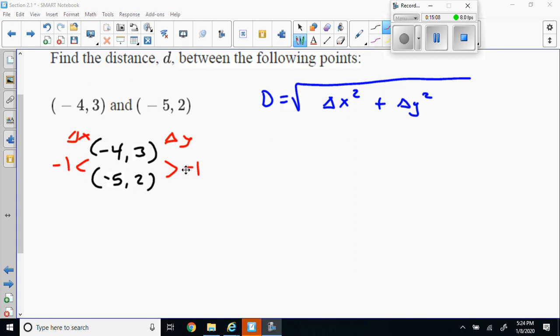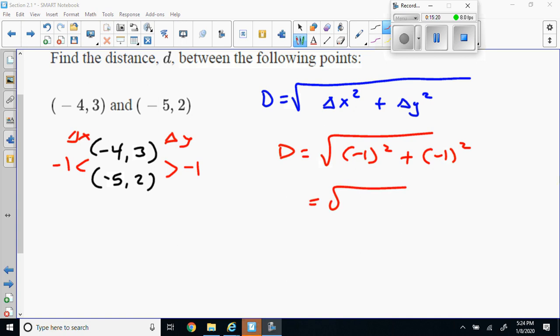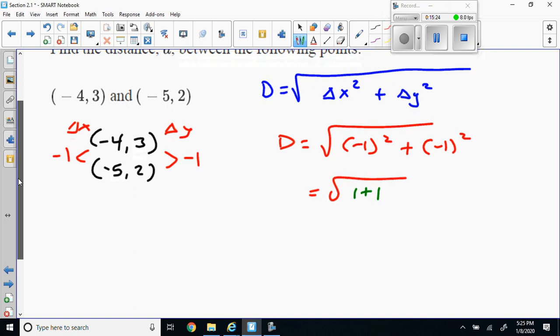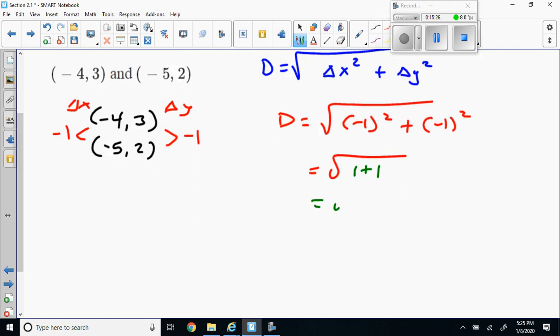Y'all okay with that? So my distance is negative 1 squared plus negative 1 squared, which gives you 1 plus 1 under the square root, which would give you the square root of 2. If you had to do that as a decimal approximation, that's 1.414, right?